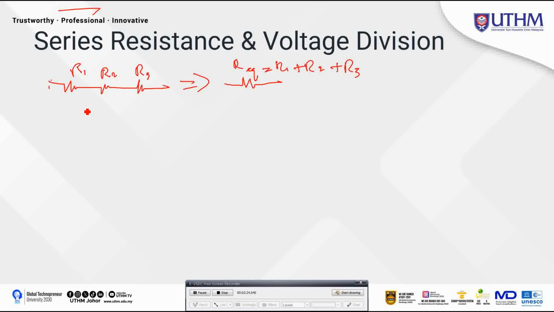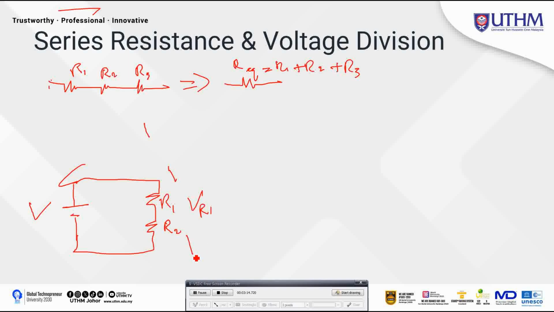Let's say we have a circuit like this, with 2 resistors connected in series, this is R1 and this is R2, and this is the voltage V. The voltage across R1 and R2 together will be equal to V. The voltage across R1 and the voltage across R2 are VR1 and VR2.